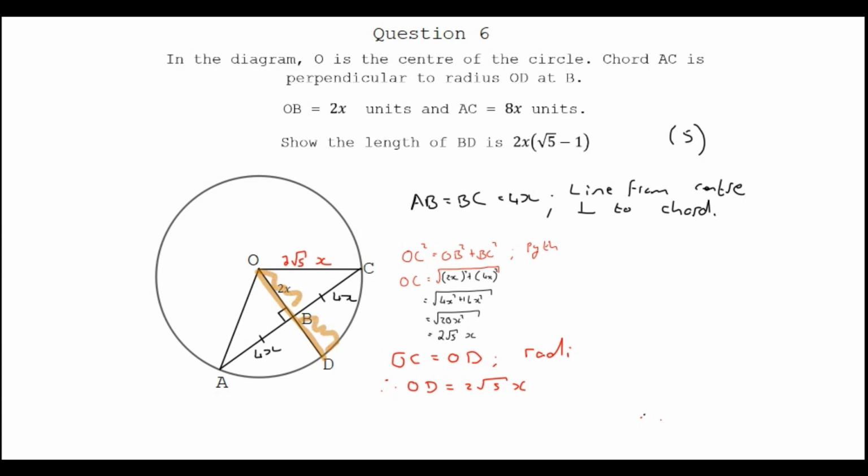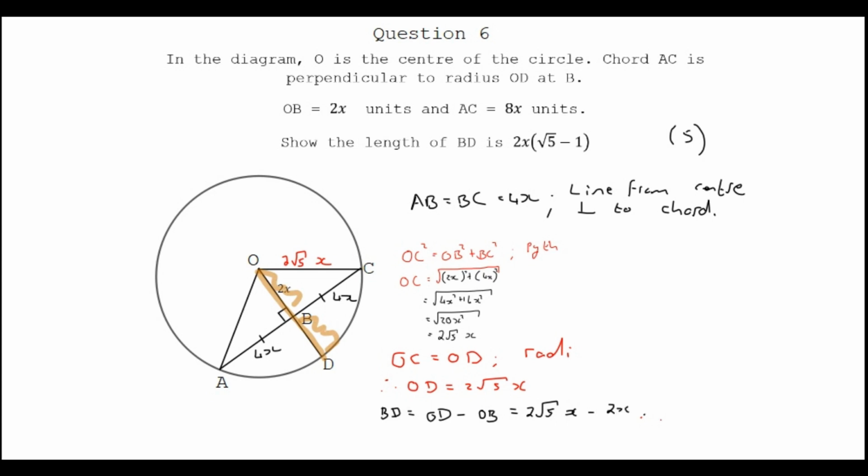Right? You don't even need a reason, it's just collinear points, lines on the same line. Alright, so let's write that down. Let's say BD, just going to write it the other way around, equals OD minus OB. Cool. Which equals essentially 2 root 5 of x minus 2x.